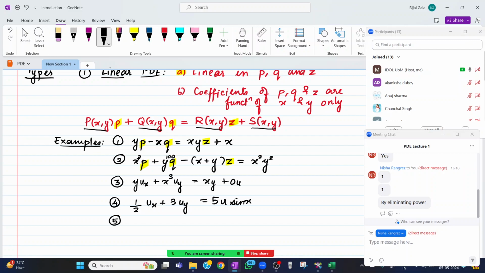Which was 2x plus 5y cubed is equal to plus y square z. Okay, fine, good. So I hope the linear part is clear with everyone.